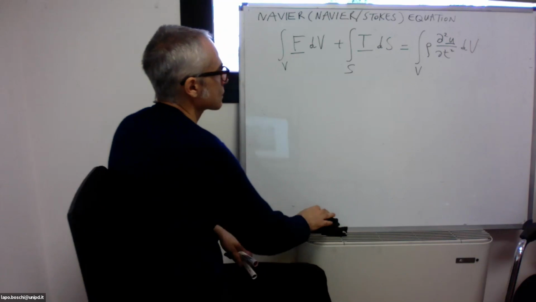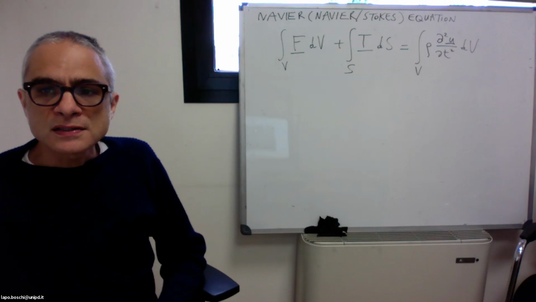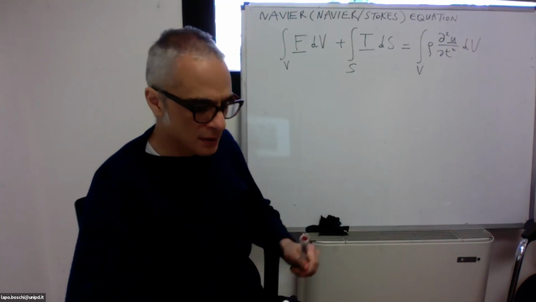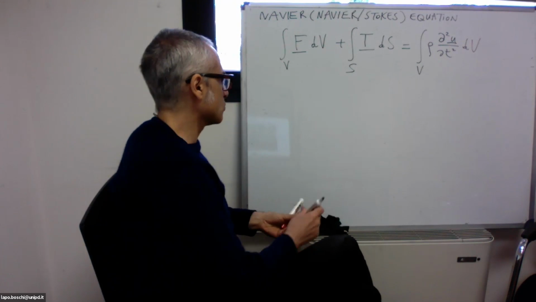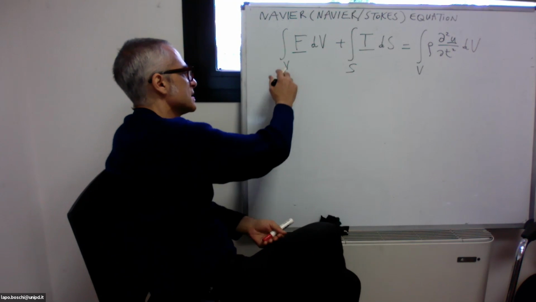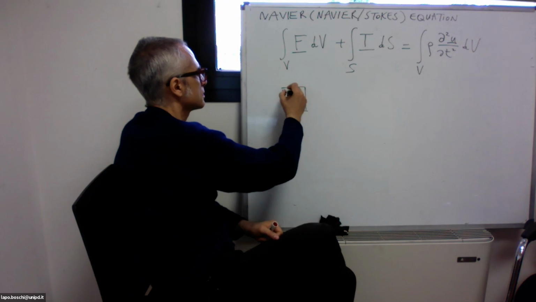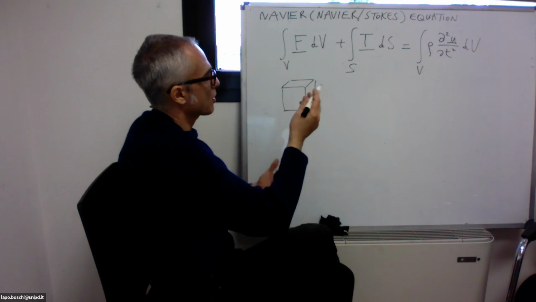Good. So, great. So now let's talk about these surface forces a bit more. I explained to you last time that since our volume is arbitrary, let's just take it to be a cube, more approximately a cube.